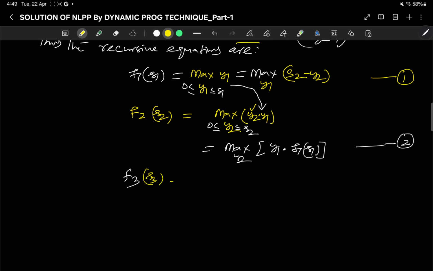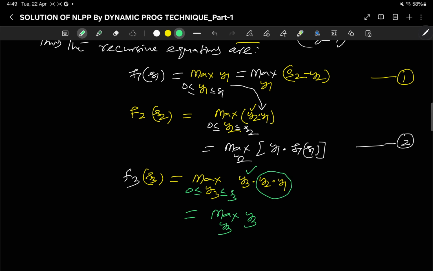F3(s3) is equal to the maximization over y3 of y3 y2 y1, where s3 ranges over its values. So you can write it as maximization over y3, with y3 remaining, and for the value of y1 y2 we substitute this.